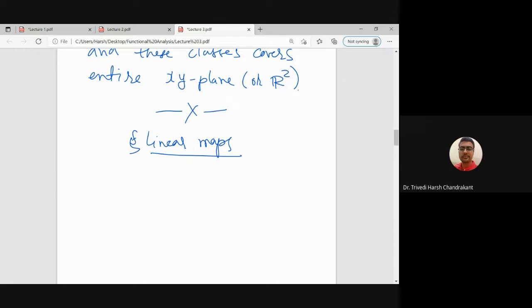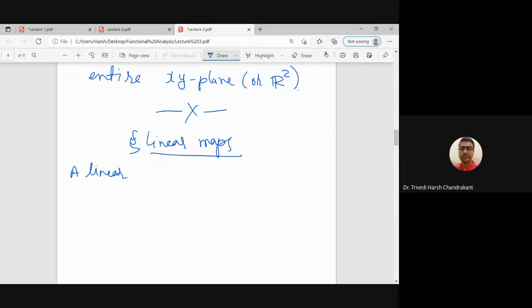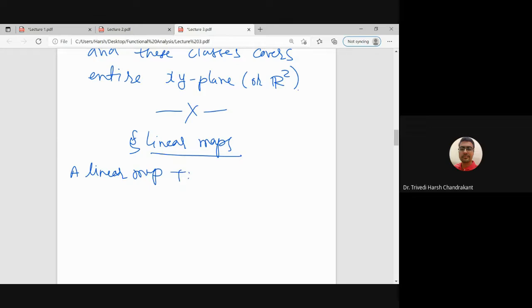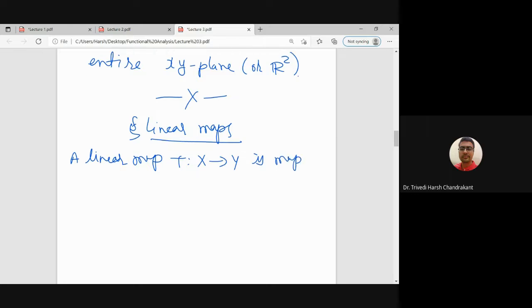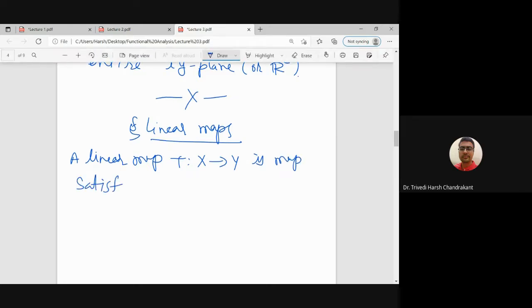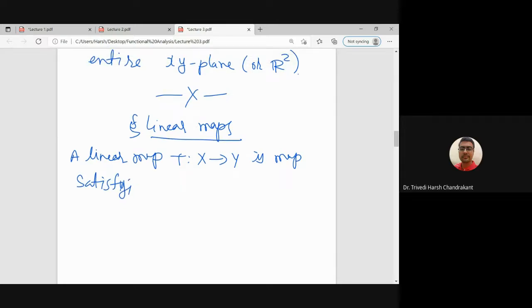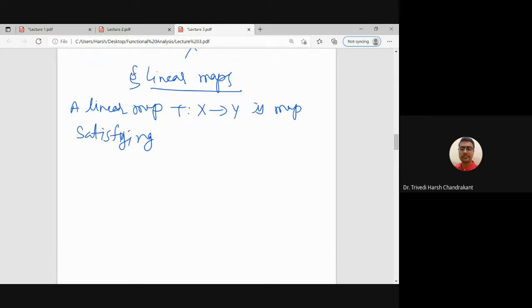So we know that a linear map T from a vector space X to Y is a map satisfying two conditions. It preserves the addition and scalar multiplication. The first condition is T(x1 + x2) = T(x1) + T(x2), right? It preserves the addition and it also preserves the scalar multiplication.